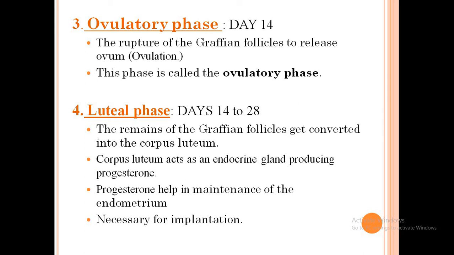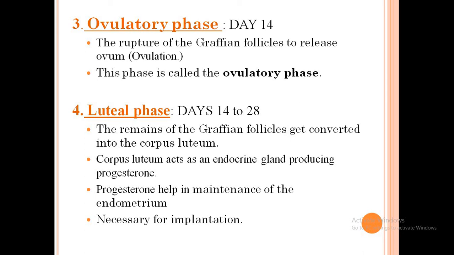The endometrium again becomes thicker because it is anticipating implantation. Uterine movements are reduced. Now, after this phase, if you see, children, this is for 14 days. So, there are 2 reasons, it splits into 2 parts.